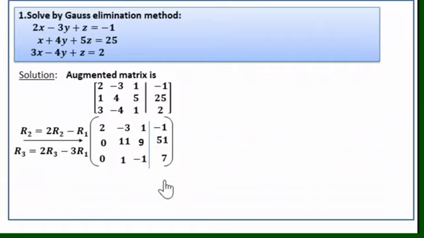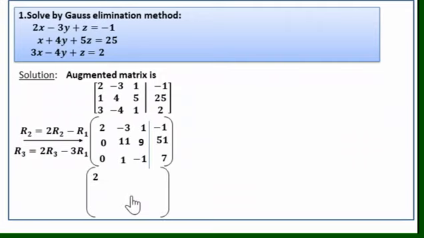So in the next step we make this element 0, so that this coefficient matrix becomes an upper triangular matrix. So we need to make this element 0, that is R3 changes. No changes in the first two rows. Now make this element 0 by using this row 2.